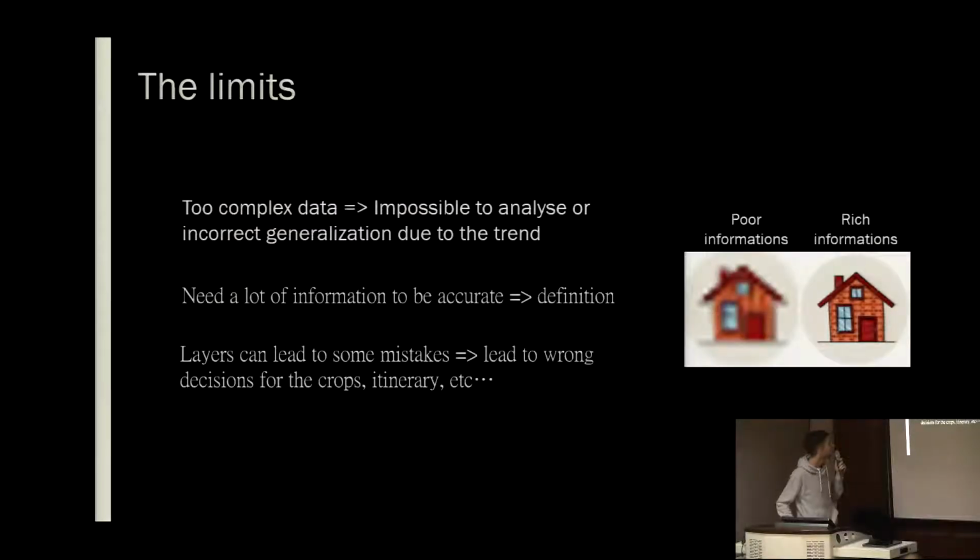So the limits. Sometimes we can have very complex data, and so sometimes it can be impossible to analyze, or it can give incorrect results. We can make incorrect generalizations of the trends. So we need a lot of information. The more information we have, the more accurate we are. So I put a little image to illustrate what I mean. So yeah, the more information you have, the more accurate your data will be.